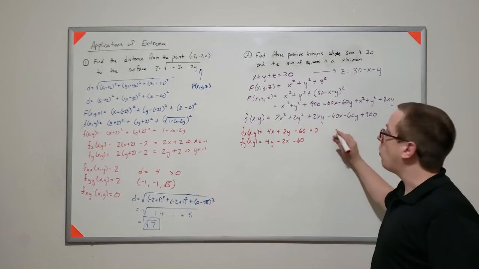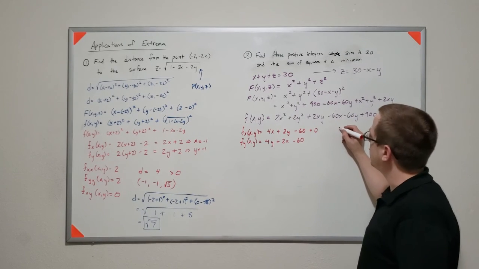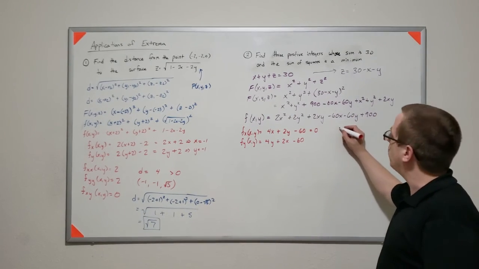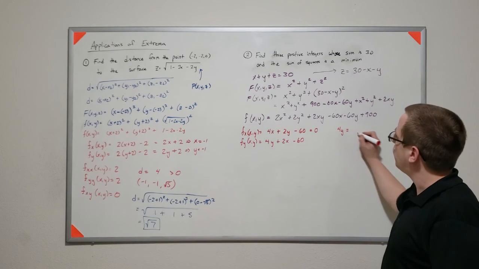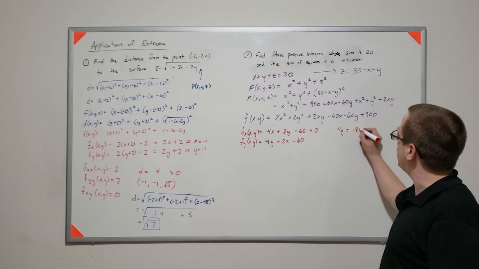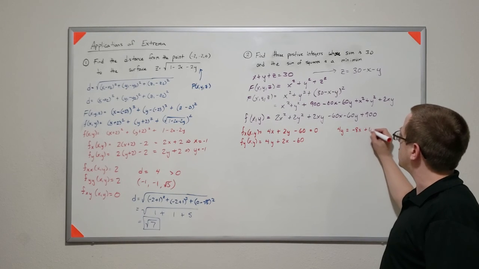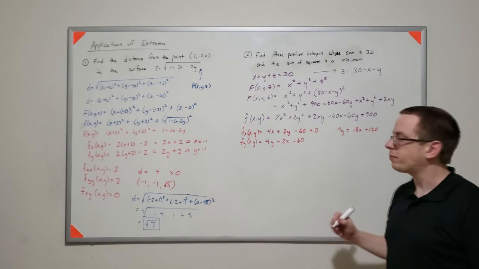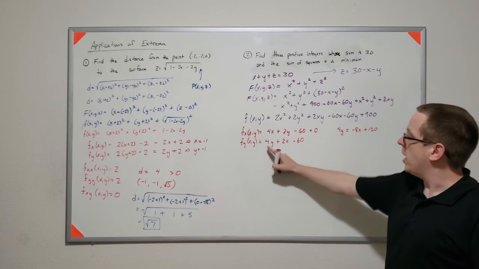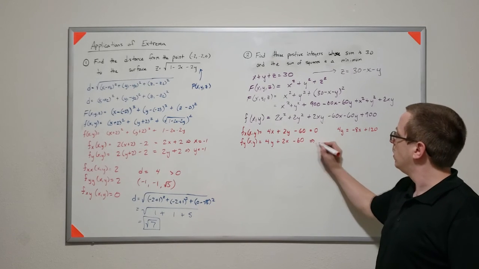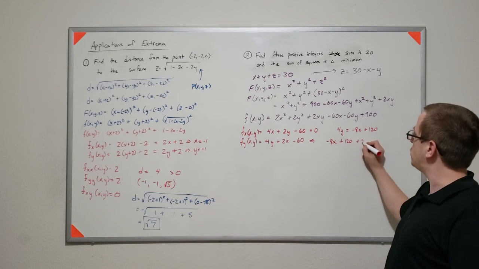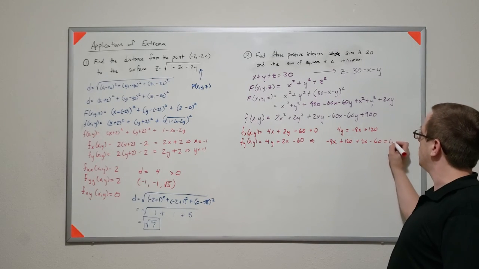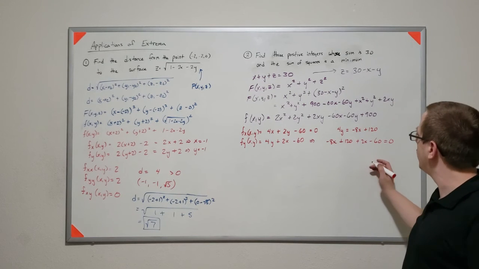So solving this for y, I'm going to do this a little more opposite than what you might think. I'm going to say 4y equals negative 8x plus 120. That way I can sub into here and say negative 8x plus 120 plus 2x minus 60 equals 0.